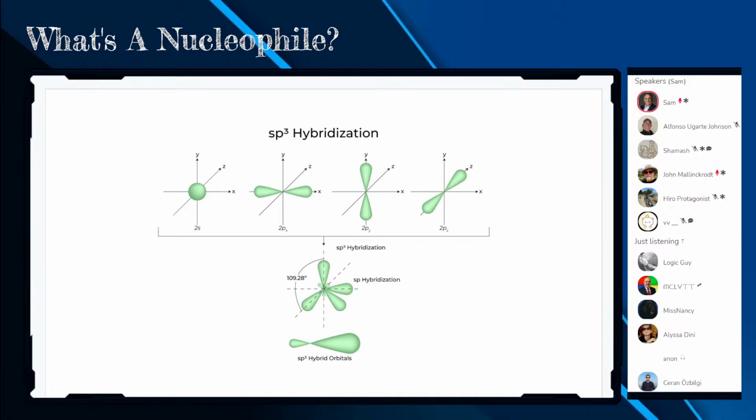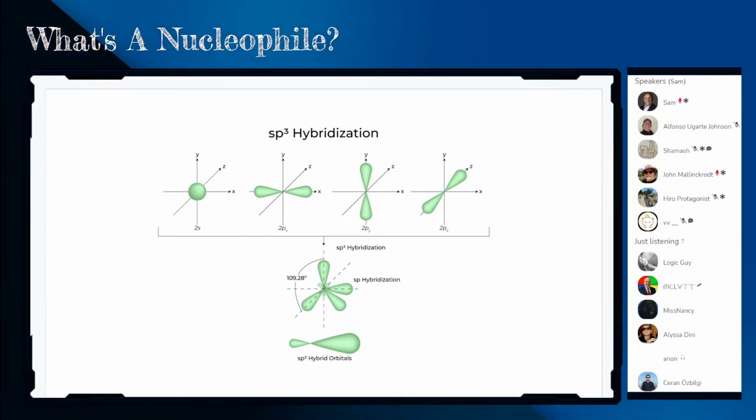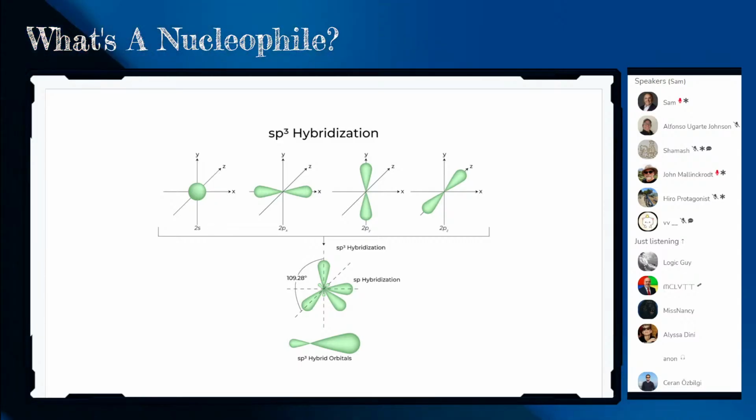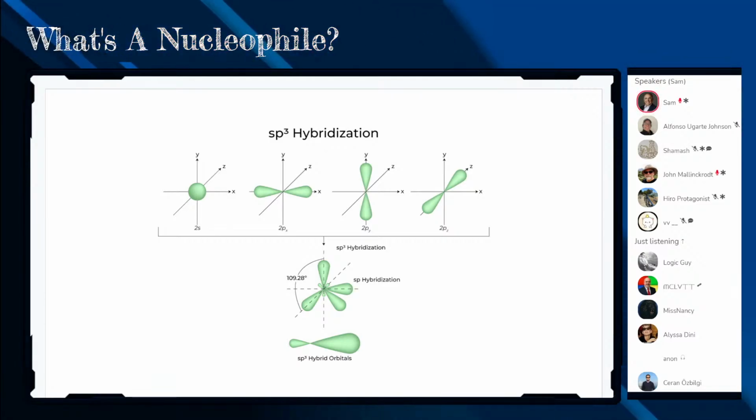We also see an overlap between the s orbital of hydrogen and another bonding sp3 orbital of carbon, and those also form bonds because we have orbital overlap. When one orbital overlaps with one orbital like this, we form single bonds, and a single bond is a sigma bond. That's just the terminology there.